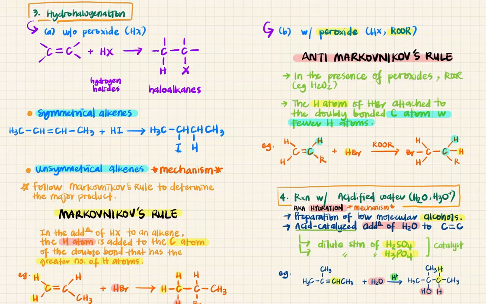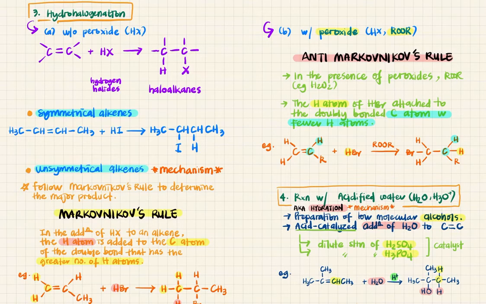So hydrohalogenation means that you are going to add hydrogen and you are going to add halogen into your alkene. There are two conditions.